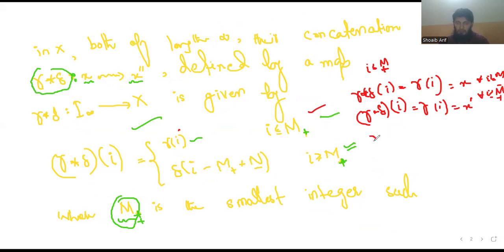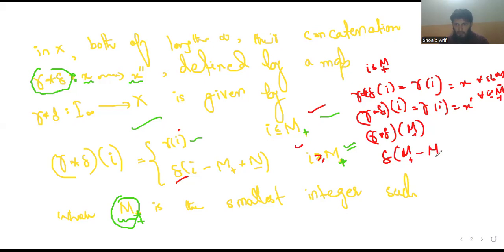By definition we are lying here. So in the place of I in sigma, we will substitute m plus, because equality holds here.